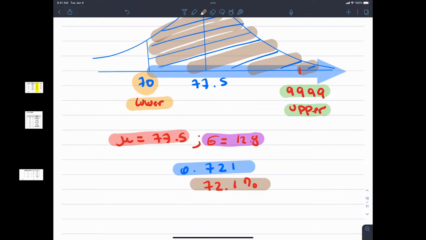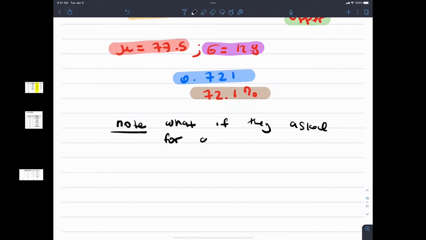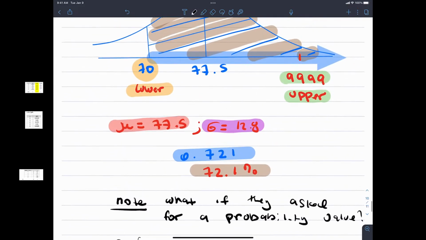So if you said to me, Mr. Judge, what question do I give on a test? Give the percent, because they asked a percent question. Okay? Now let's note something, though. What if they ask for probability? And the notation is the probability that x is what?